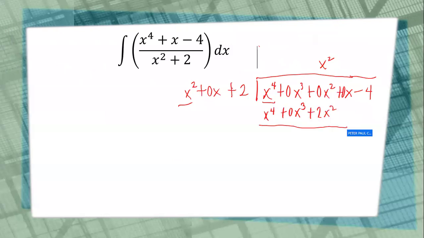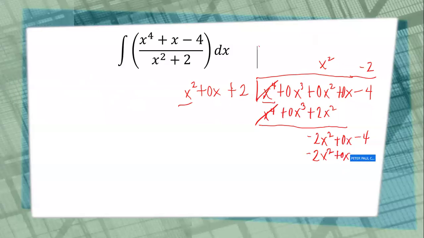And then we subtract, so cancel. So we'll have negative 2x squared plus 0x minus 4. We divide again. Negative 2x squared divided by x squared is a negative 2. Then we multiply. Negative 2 times 0x is 0x.